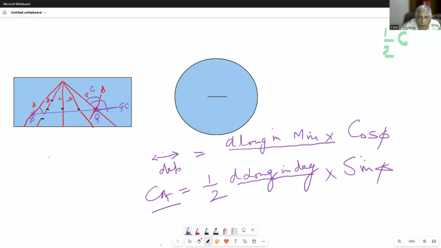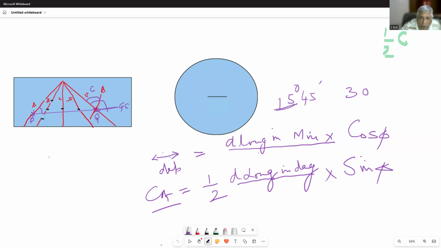If your latitude is, let's say, 30 degrees, these two places are 30 degrees latitude for the mean latitude. And their dlong in degrees is 15 degrees and 45 minutes. For dlong in minutes, you can do it either on the calculator or manually also.